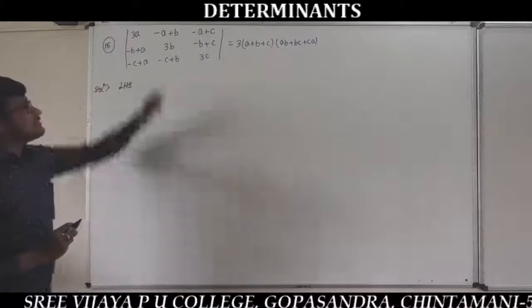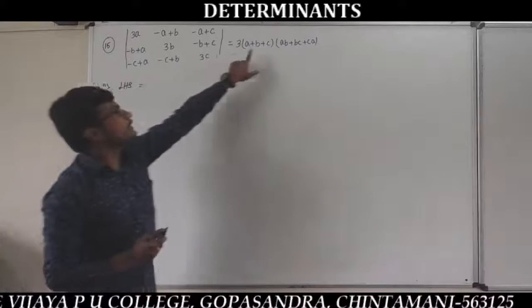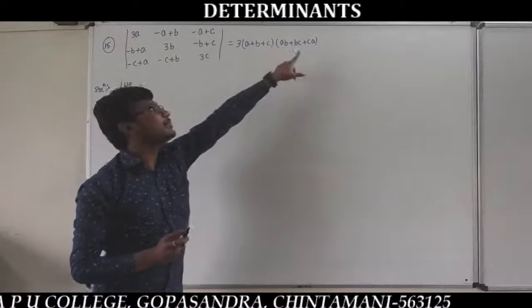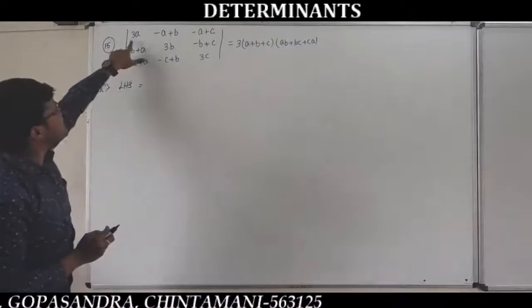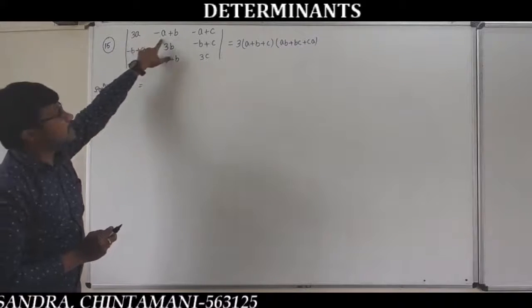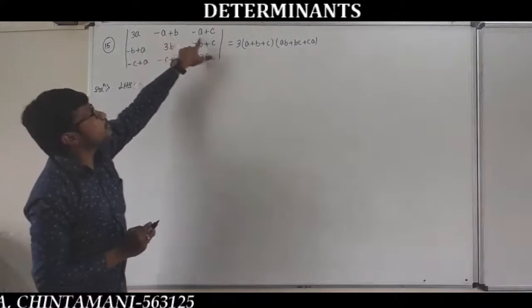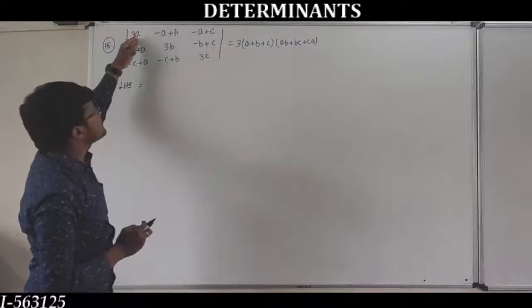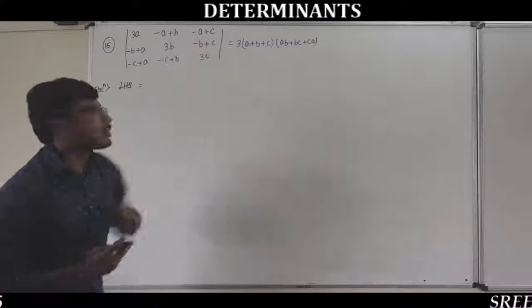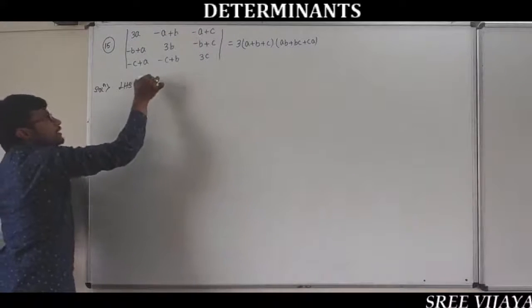Okay, see the LHS. To simplify the LHS, we need a plus b plus c. For this a plus b plus c, I will add 3a minus a, 2a, plus b. Again 2a minus a is a, plus b plus c. You got this one, right? So if you add these columns, you can apply the elementary operation as a column.